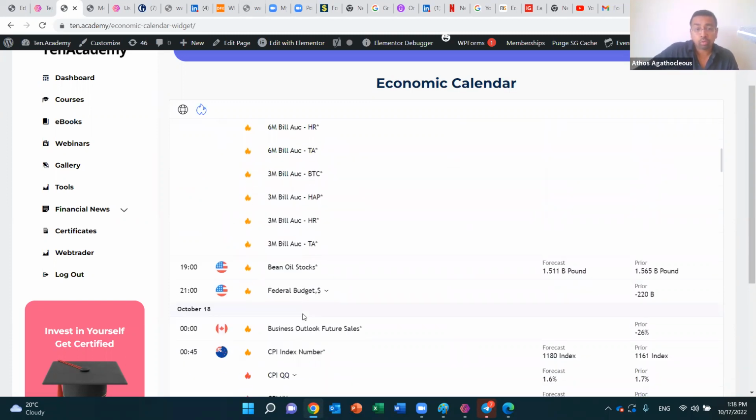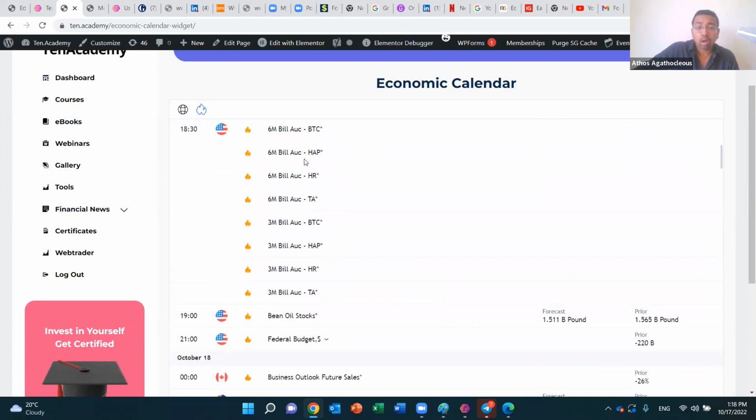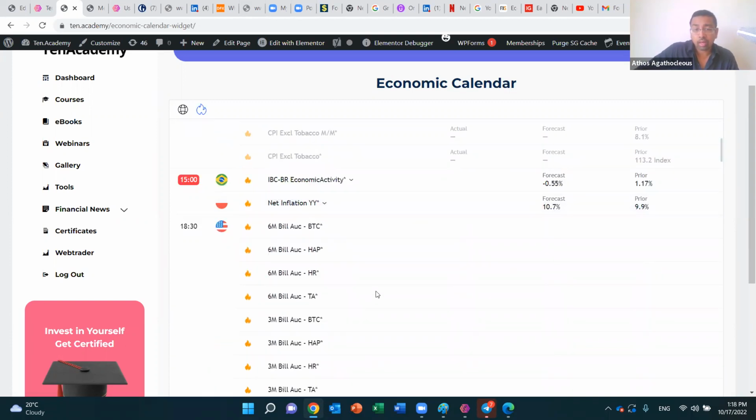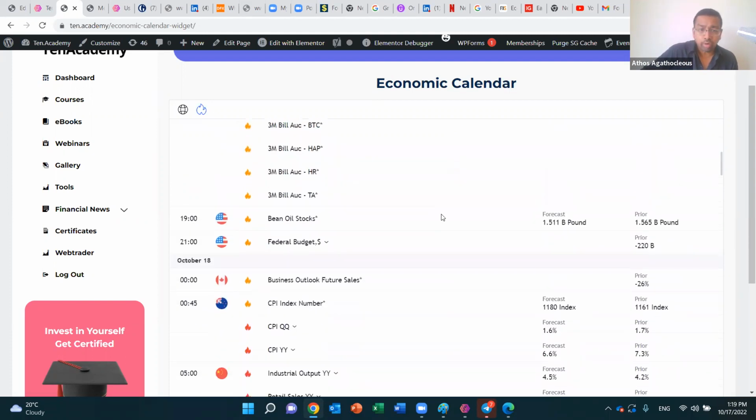So here, what we would like to know further is what other releases will be coming out categorized as medium importance and high impact. We do not have high impact ones for the day.